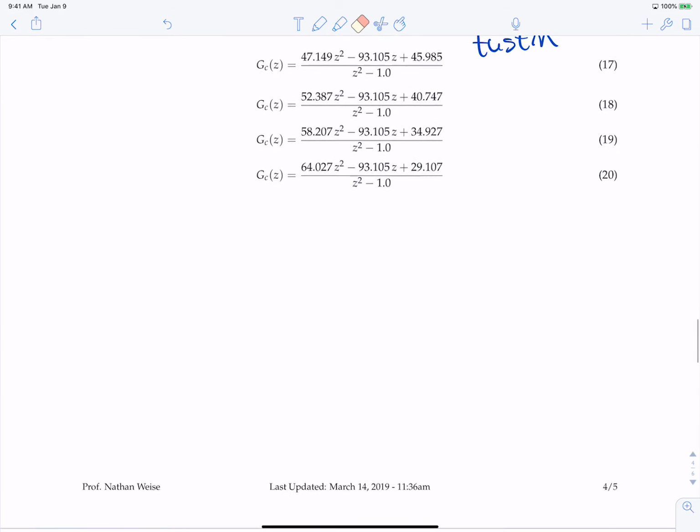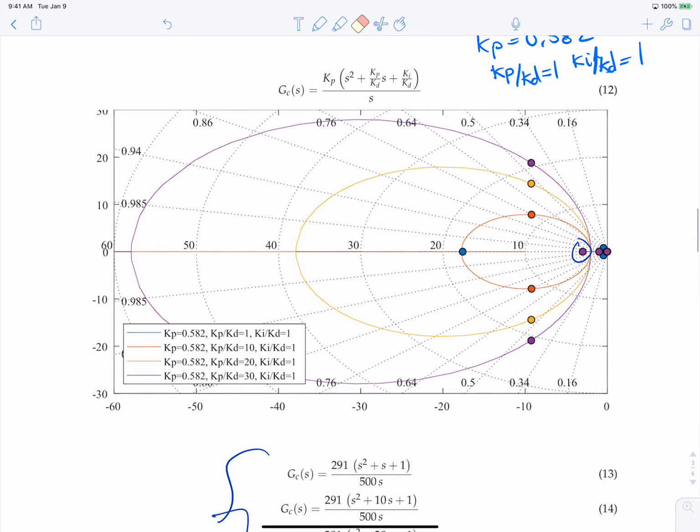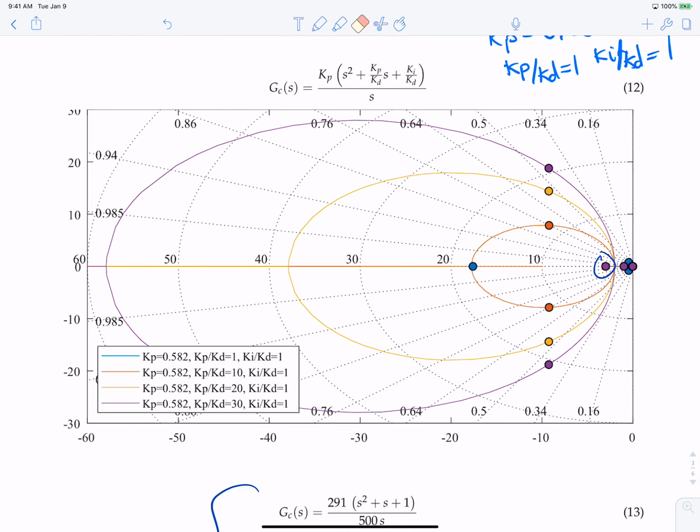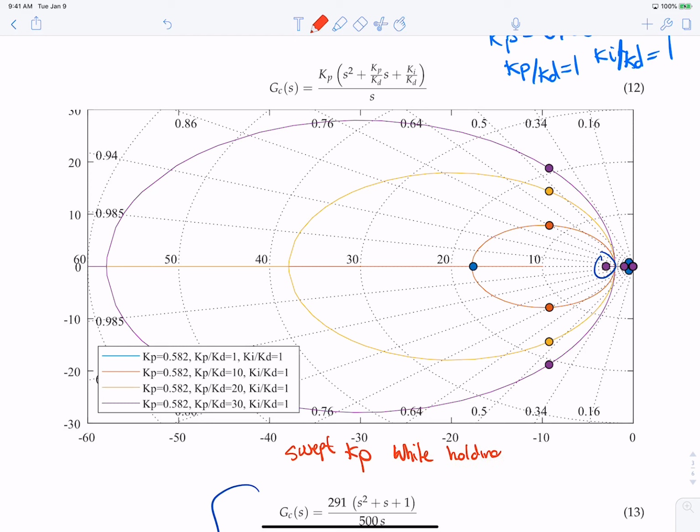Now, what I'd like to end with is we just quickly talked about sweeping all these values in the root locus, and I only did a really small subset. If you look at this, what I did is I swept Kp in this diagram, while holding these 2 ratios constant.